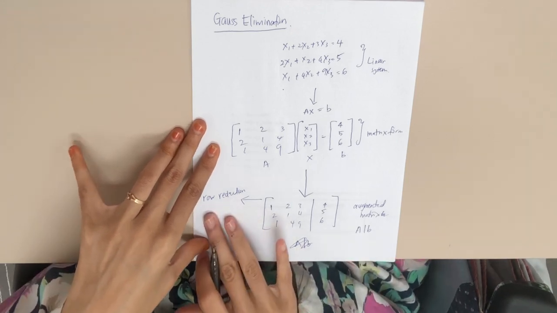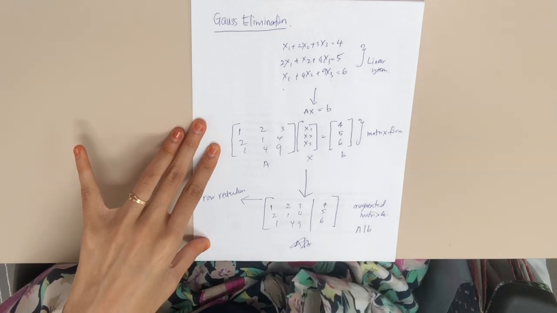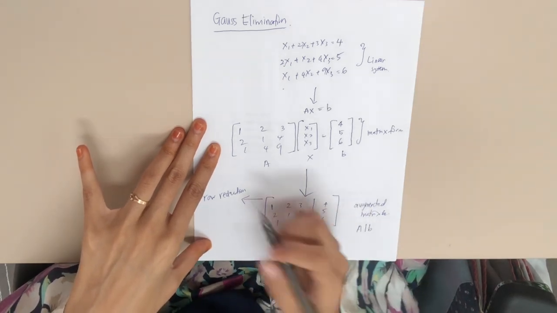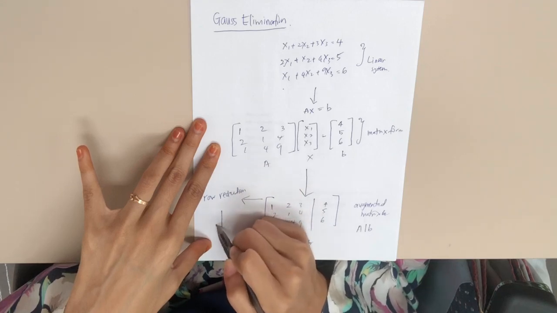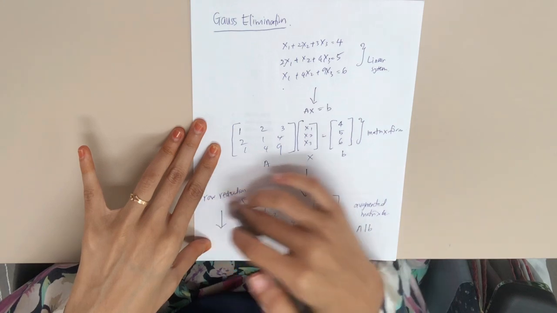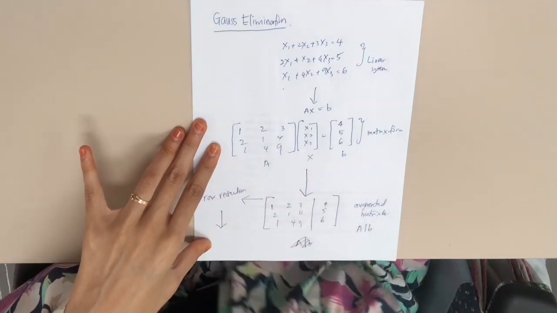In row reduction you will use ARO, and the objective is to make it row echelon form, or upper triangular. After you get the row echelon form, you can stop. So that is for row echelon form.